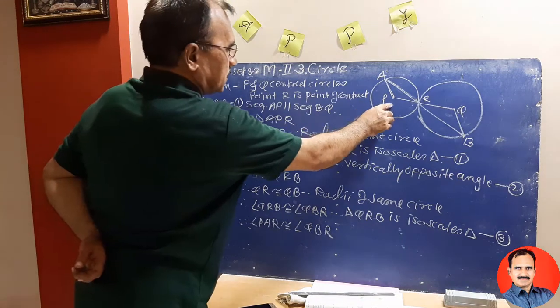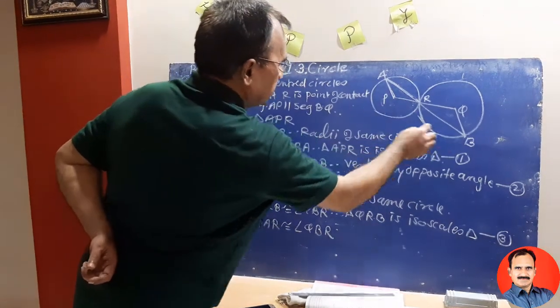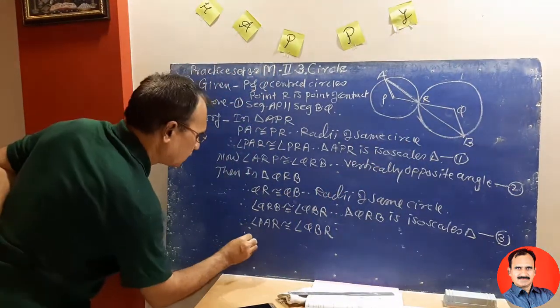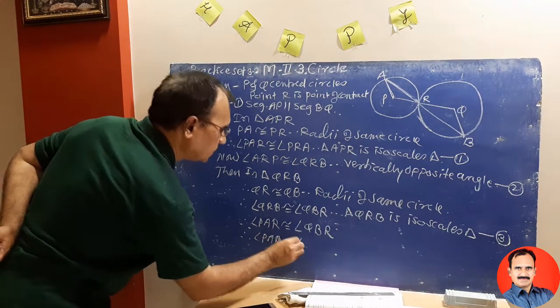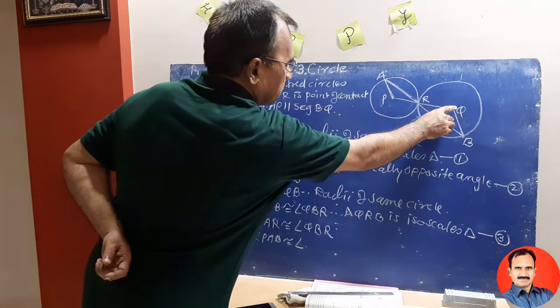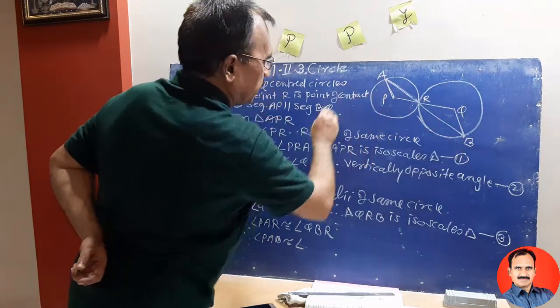That means angle PAB is congruent to angle QBA.